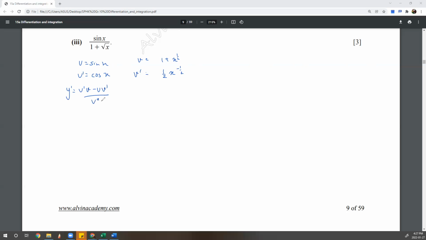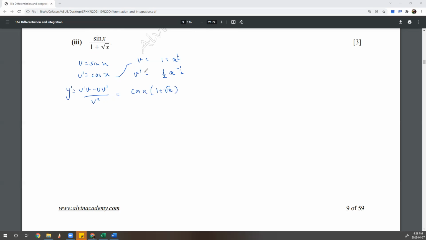I think you are already familiar with all the formulas. I already repeated them in your first meeting and the second meeting. So cos x times, don't forget to put the bracket as always, 1 plus square root x. Just make it simple.